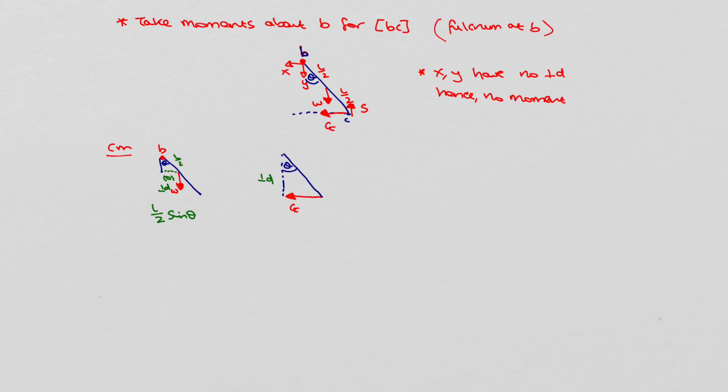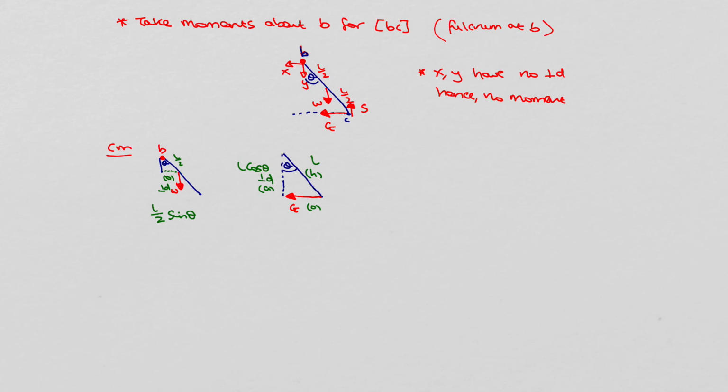And again, that's the adjacent, that's the opposite. And then we have the hypotenuse, where the hypotenuse is L. So therefore, because we're looking for the adjacent this time, it's going to be H cos theta. So that's going to be L cos theta for the perpendicular distance.